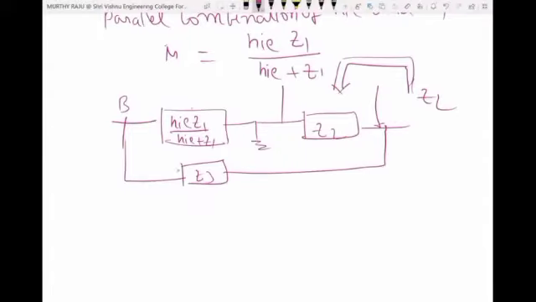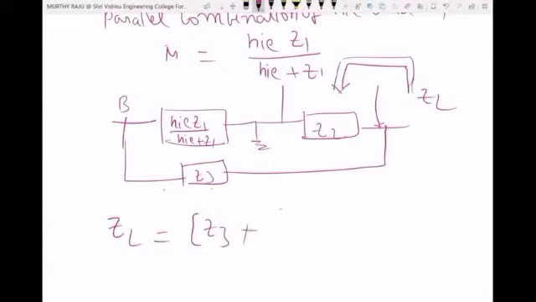These two are connected in series. Therefore, finally ZL is equal to Z3. These two are connected in series because here this HIE and Z1 come to this point, where these two are connected in series.